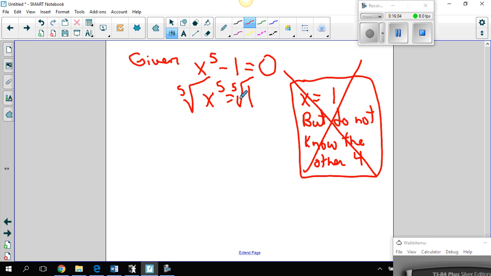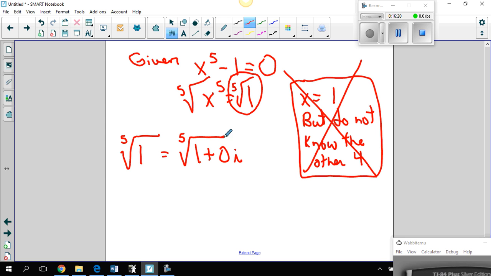So what number are we talking about? We're talking about taking the 5th root of 1. What is the 5th root of 1 plus 0i? Where am I? X is 1, I am here. What is my angle?